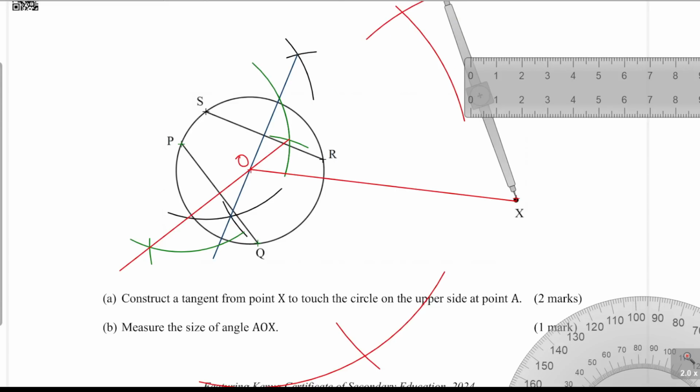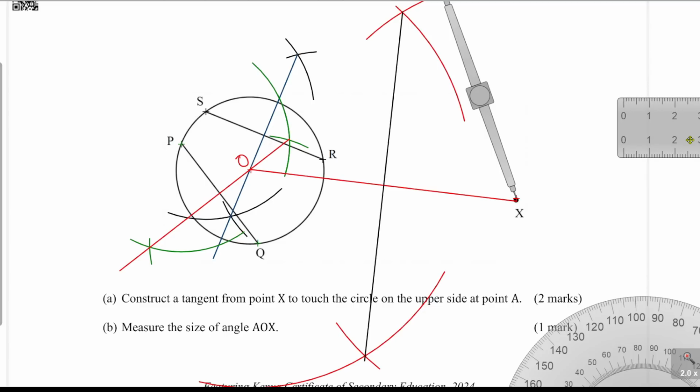So join these 2 points using a straight line. That is the perpendicular bisector of OX. Then once you've done that, this is how we mark point A on the upper side of the circle.